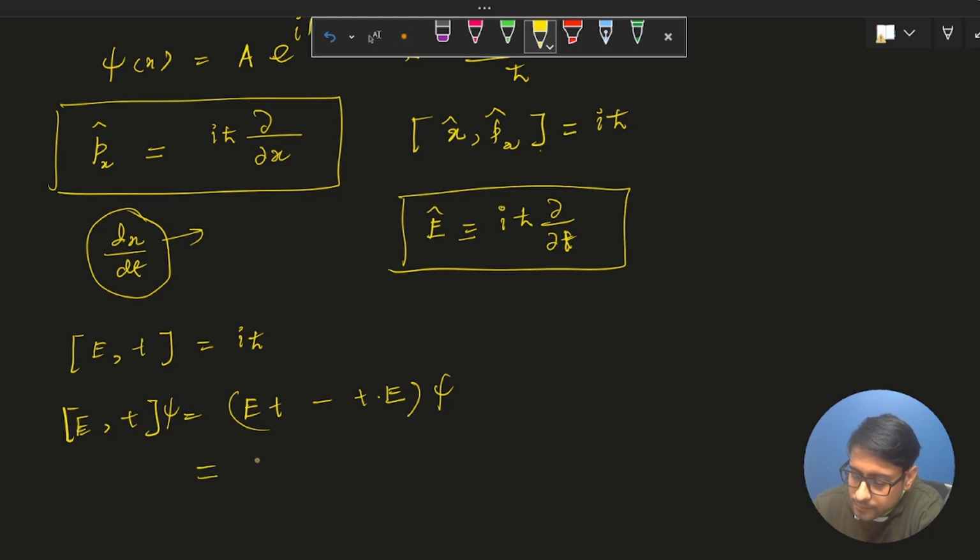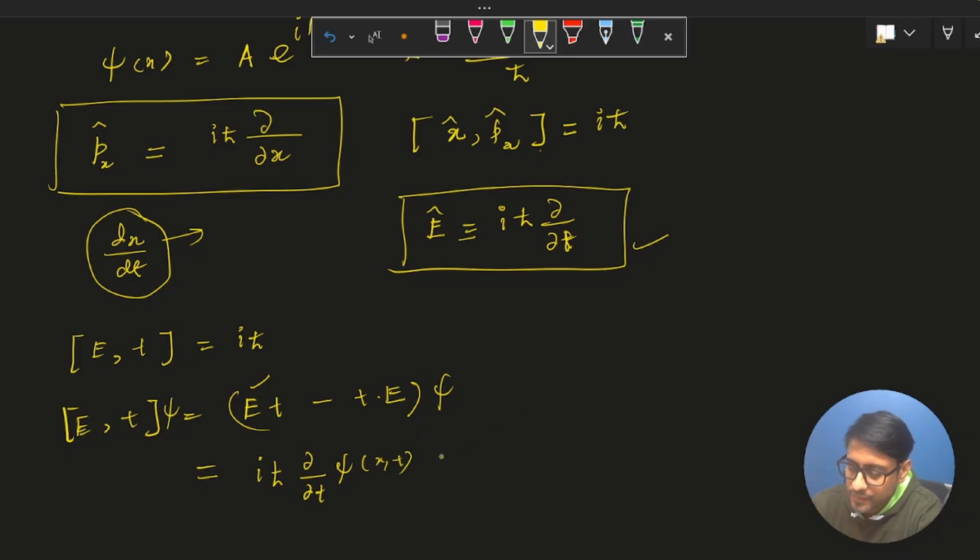So this will become E t psi minus t E psi. The first thing we will do is replace E by the energy operator, so i h bar del over del t into t psi. Because we are differentiating with time, this must be a function of x and t.